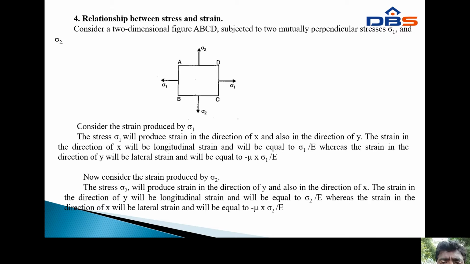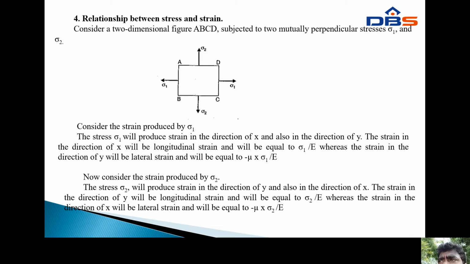Next, consider the strain produced by sigma 1. The stress sigma 1 will produce strain in the direction of x and also in the direction of y. The strain in the direction of x will be longitudinal strain and will be equal to sigma 1 by E, where sigma 1 is stress and E is Young's modulus of elasticity.